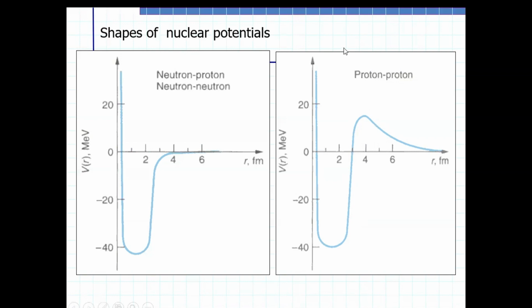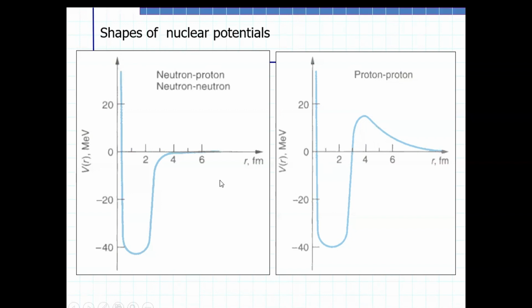And this part is the Coulomb repulsive part, which becomes dominant, and the nuclear force is gone beyond this. It becomes almost negligible, but the net potential is now telling the story of the Coulomb repulsion. It is a positive potential indicator of the Coulomb repulsion. And here we have the negative. So protons can have the attractive force if they are within a distance of 3 femtometers or smaller.